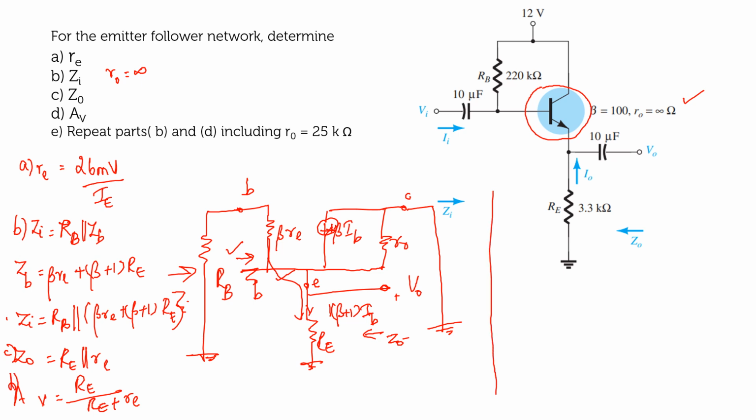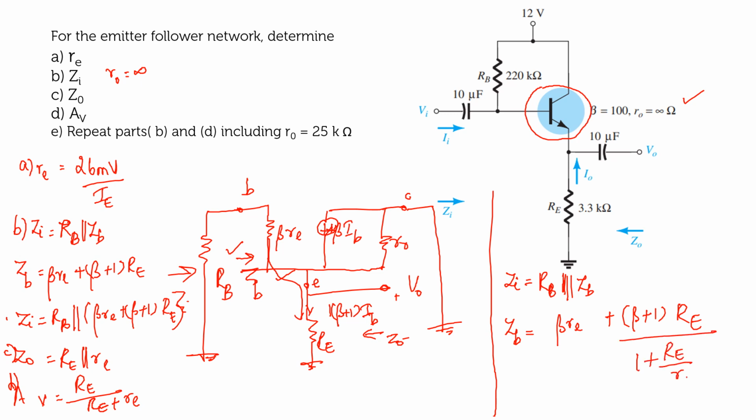Now moving on to your E part, you have to repeat B through D. So you have to repeat your input impedance with the value for your R0. Input impedance will be equal to RB parallel to ZB. In this case, including your R0, your ZB formula will be equal to beta RE plus beta plus 1 into RE divided by 1 plus RE divided by R0. Instead of ZB you have to substitute this formula.